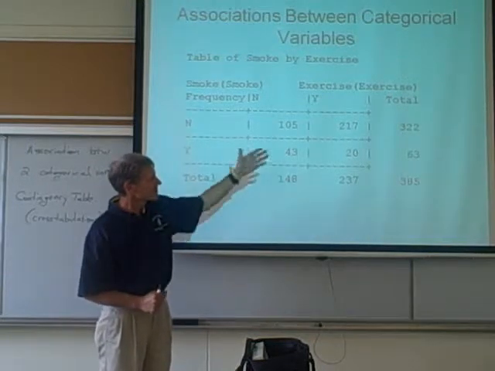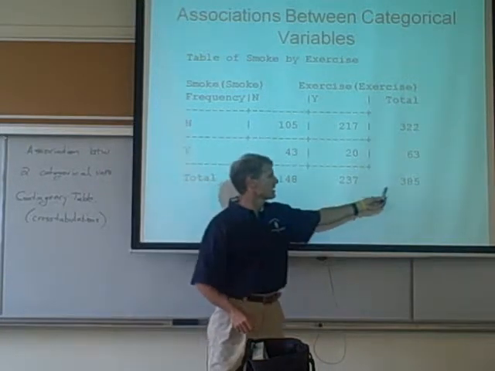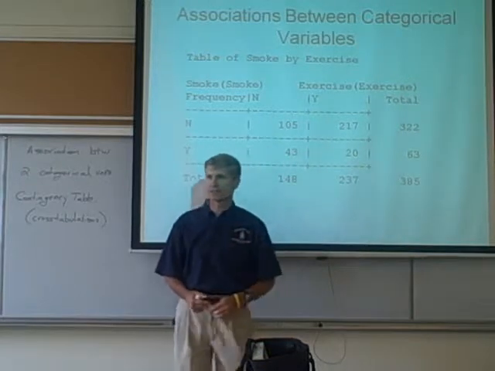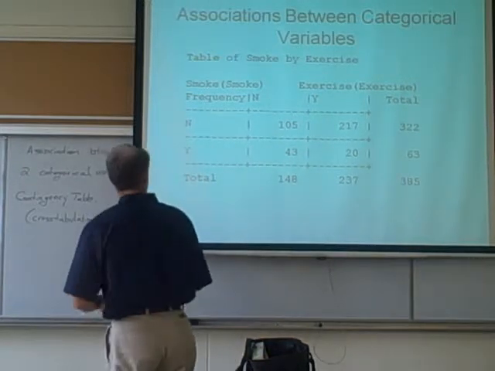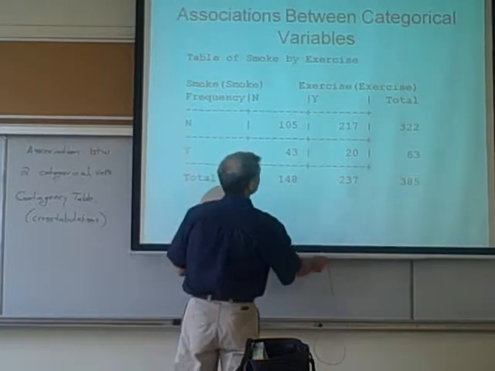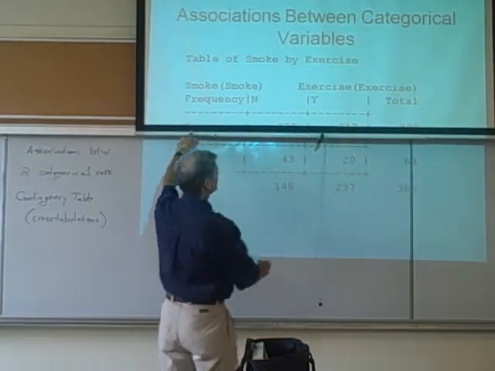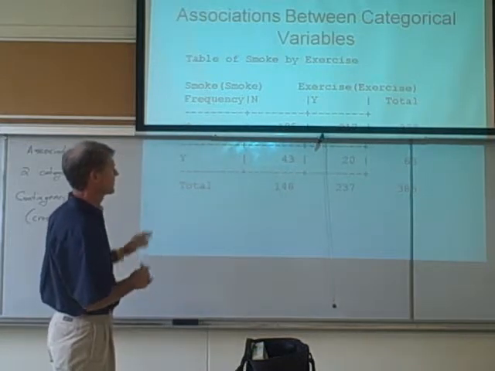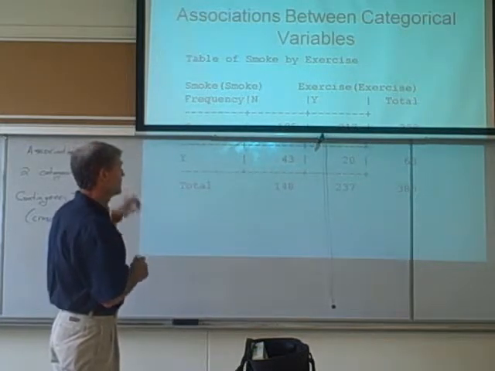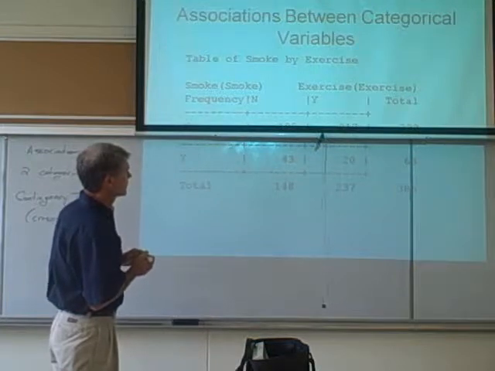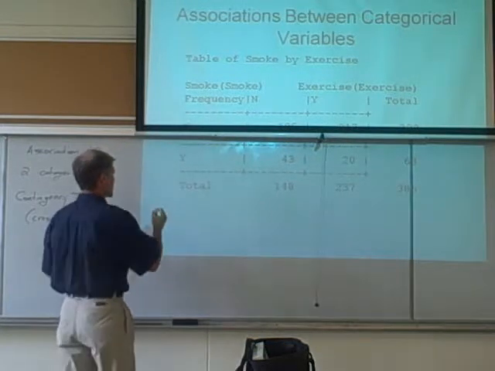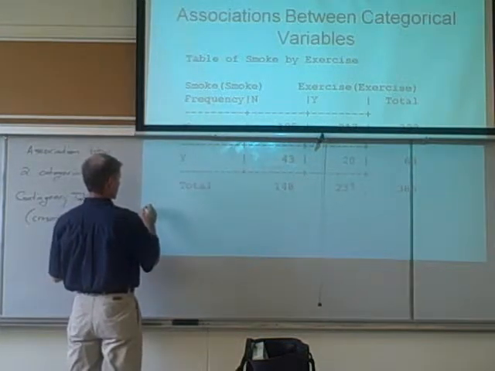All right? So here's the data. This is your data, 385 observations. So what I'm going to do is raise this up. That makes those numbers a little bit hard to read, but I want to be able to write on there. I'm going to write a series of questions, and I want you to answer them from the data.